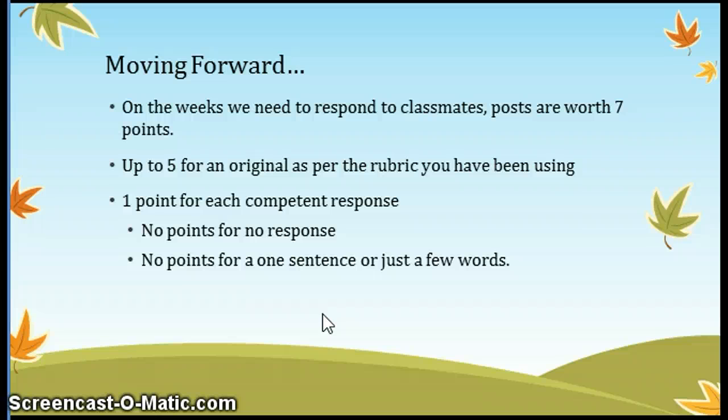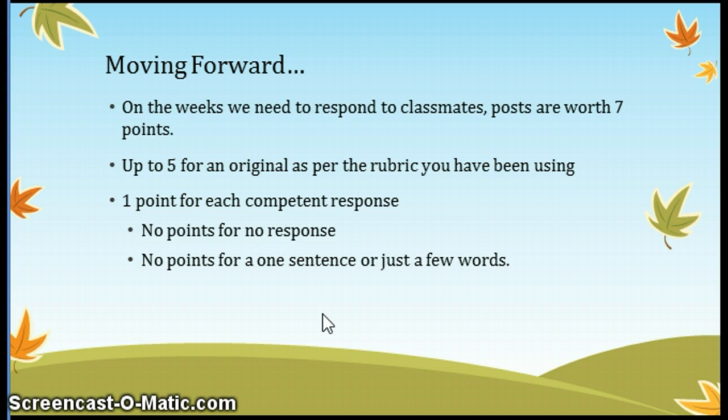But then next week, and moving on from here, what we will do is make your original post always worth up to 5 points, and then you can add the 2 additional points by responding appropriately to your classmates. So that one point for each of those responses is for what I call a competent response. I don't think you need a rubric for it, because it really depends on the original response, kind of how you can respond.